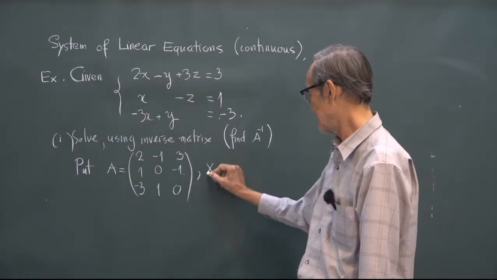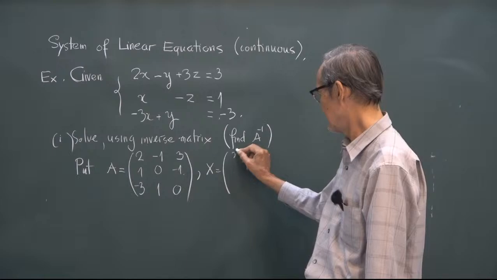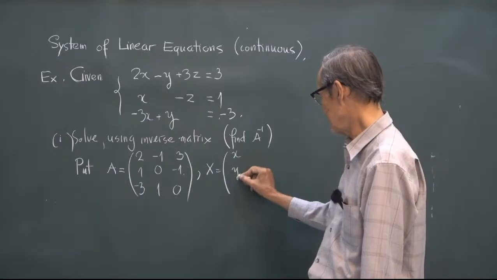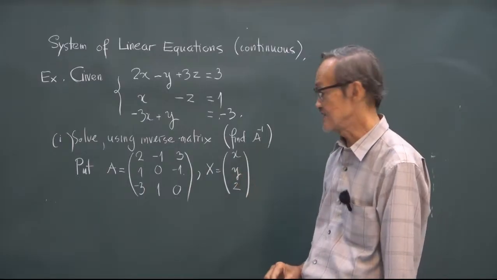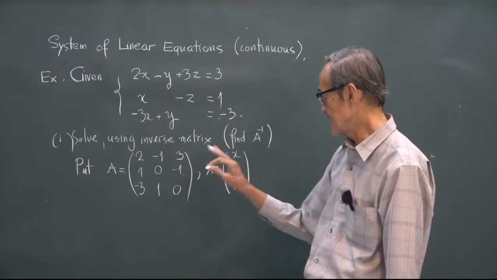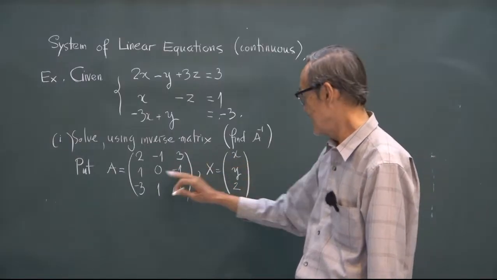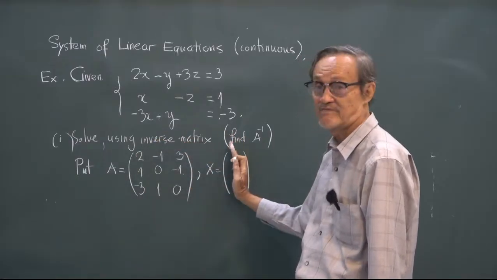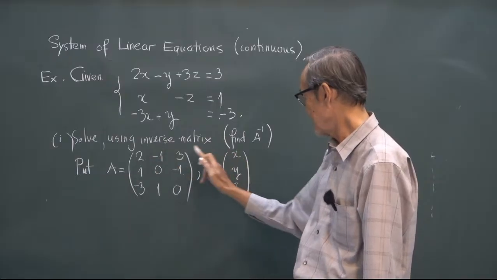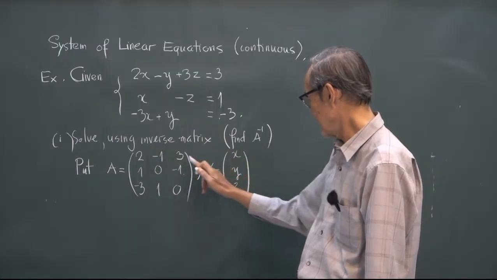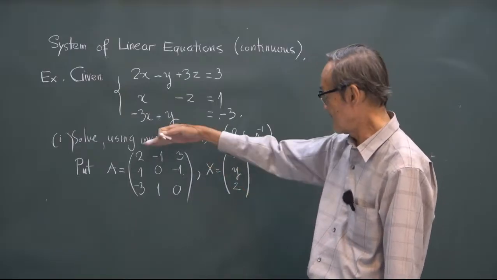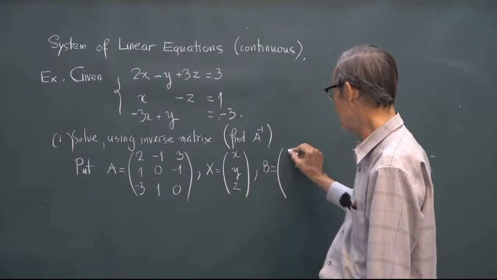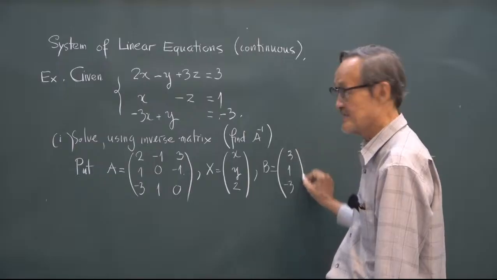And X, the unknown matrix, in a column, not in a row: X, Y, Z. In a column because we have a product, multiplying row by column: 2x plus minus 1y plus 3z. And B, the right hand side matrix: 3, 1, minus 3.